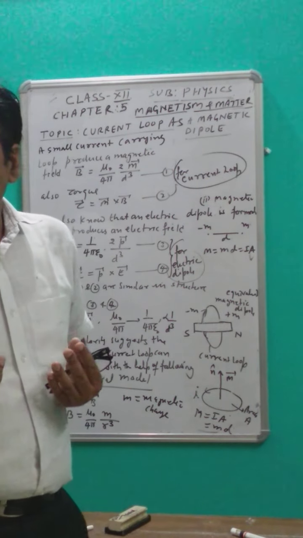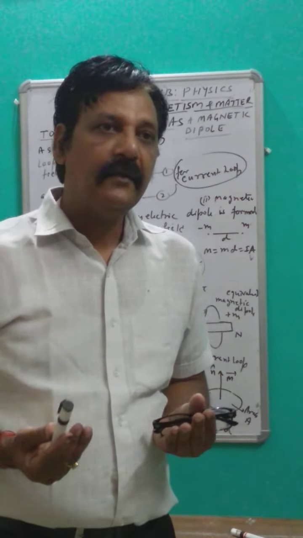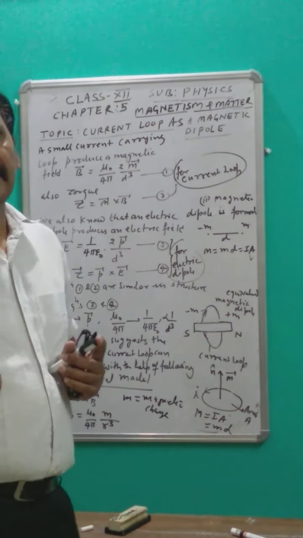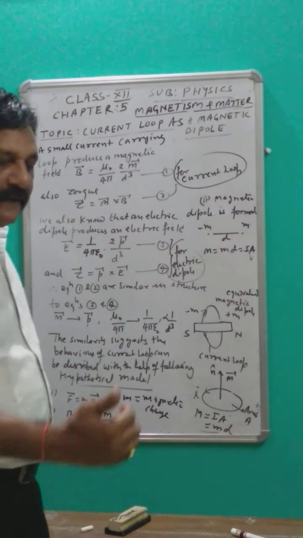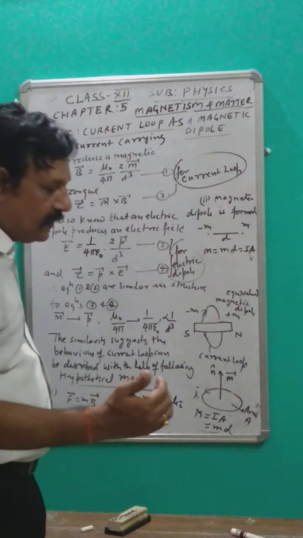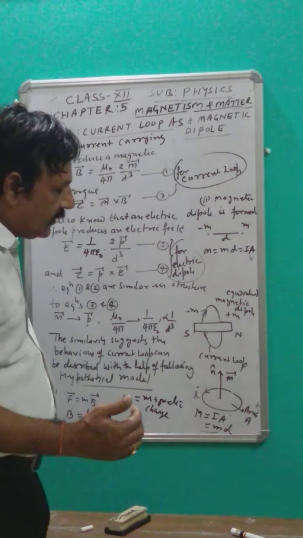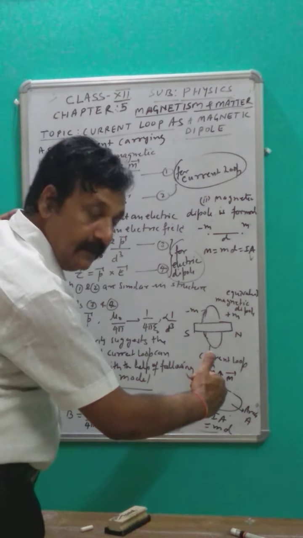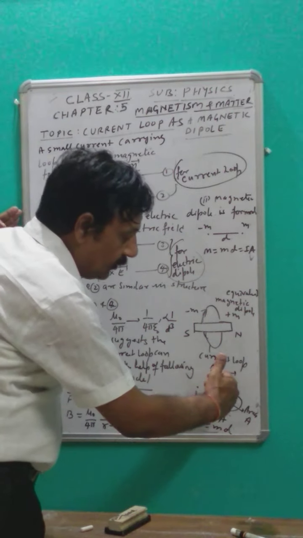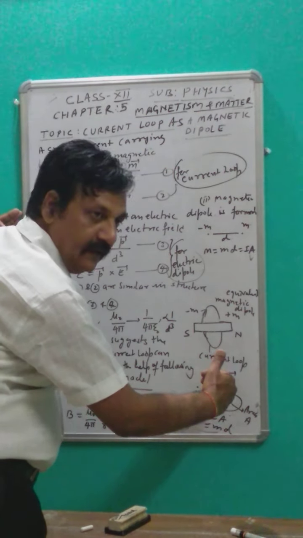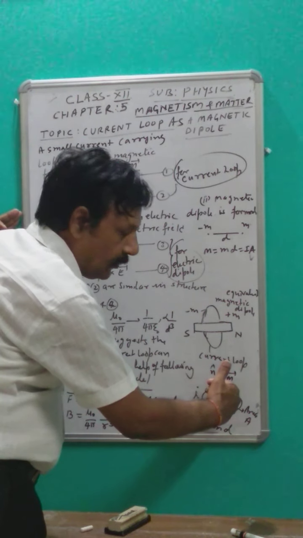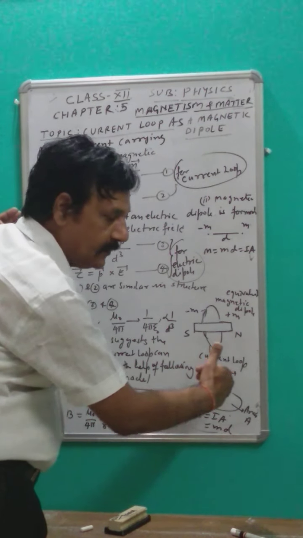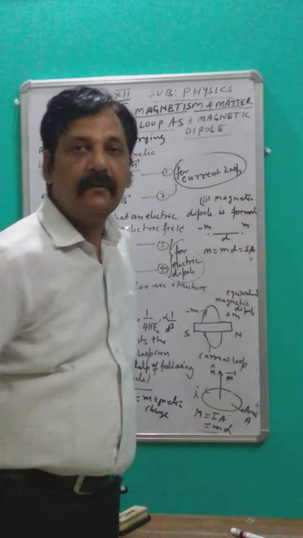The magnetic dipole has a magnetic dipole moment whose direction is given by the right hand thumb rule. The direction of the magnetic dipole is given by the right hand thumb rule. If we stretch our fingers along the direction of the current, in the same plane as the loop, then the stretched thumb gives the direction of the magnetic dipole moment.